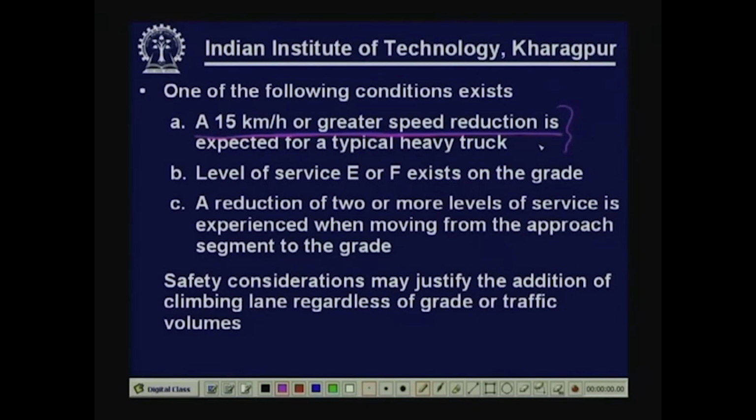Number 2, level of service E or F exists on the grade. You know, there are 6 levels of service that we normally use, starting from A, B, C, D, E, F. A is the best possible operation, whereas F is the worst, and E represents the operation at or near the capacity.